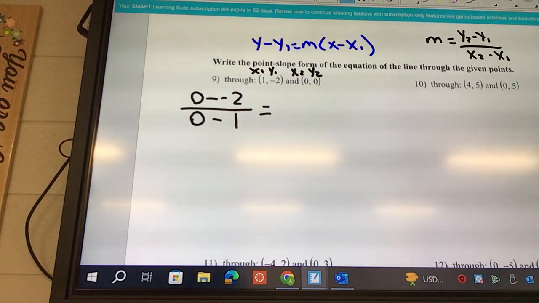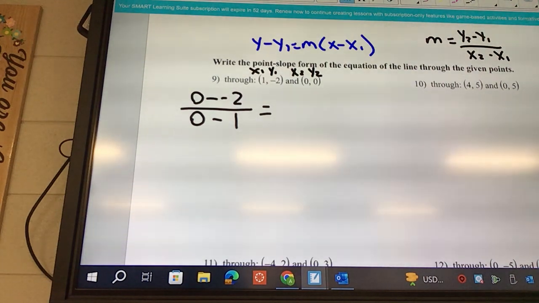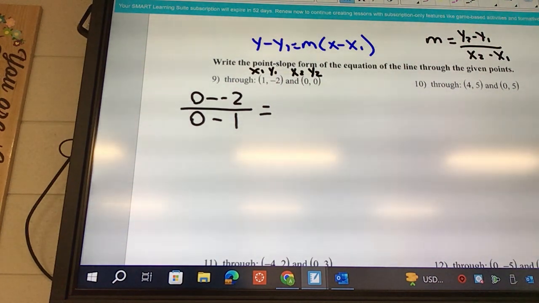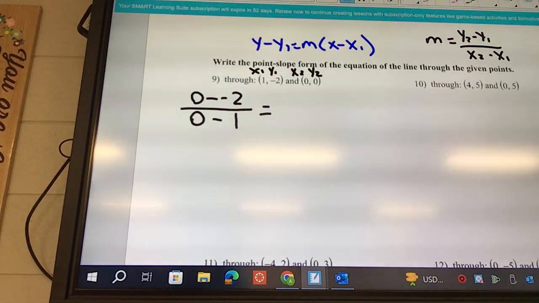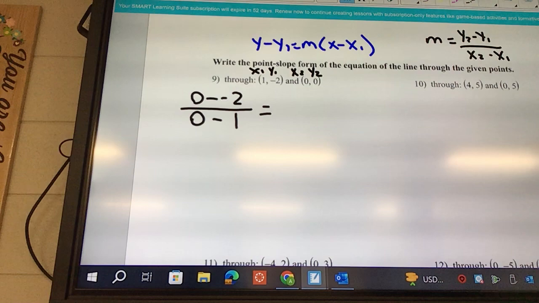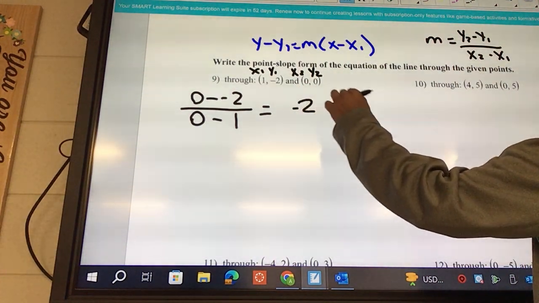If you hit your fraction button on the calculator, you can type that all in on one single line and it'll spit out the slope for you. Hit your fraction button. You're going to say 0 minus negative 2 on the top, and then on the bottom, hit the down arrow and say 0 minus 1. Negative 2. And so negative 2 is what? The m.